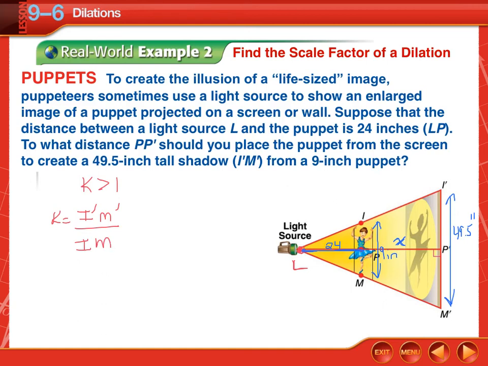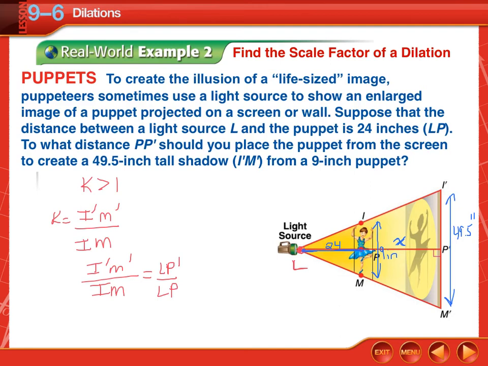And the location here, that scale factor is going to be exactly equal to the distance here, LP prime over LP. So we know here we could take this I prime M prime over IM, and that scale factor is going to be exactly the same as LP prime over LP.